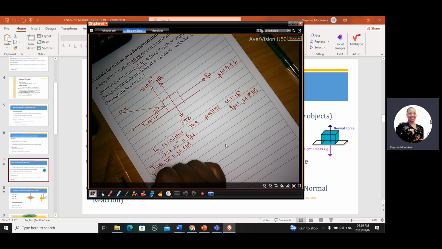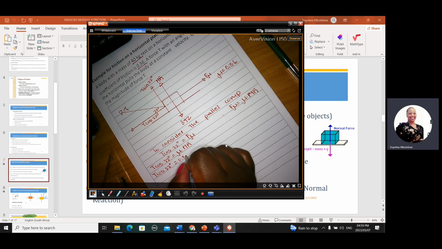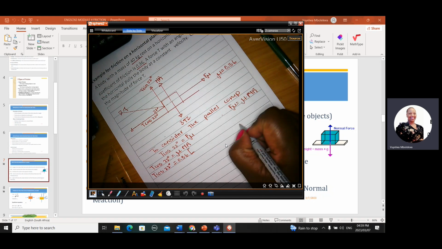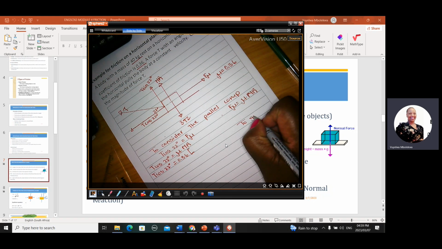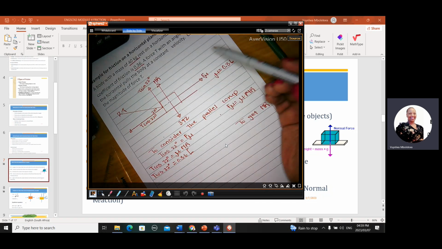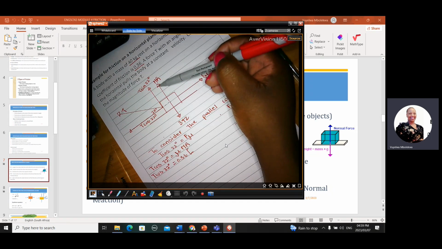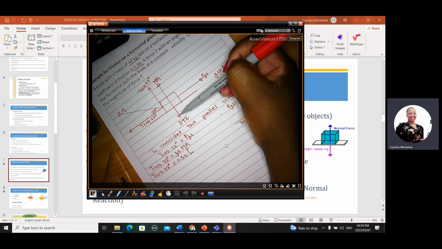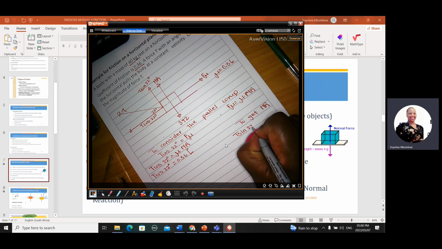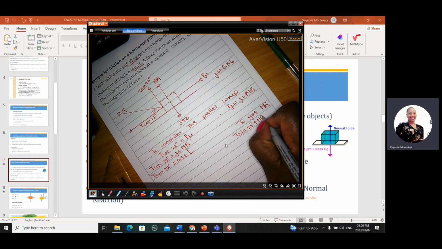Now we can substitute. What is coefficient? It's 0.36. What is normal reaction? We don't have it. To get normal reaction, we will consider the perpendicular components. What do we have on the perpendicular components? Upward forces are equal to downward forces. So upward, we have T sine 22 plus NR. Downward, we have 392.